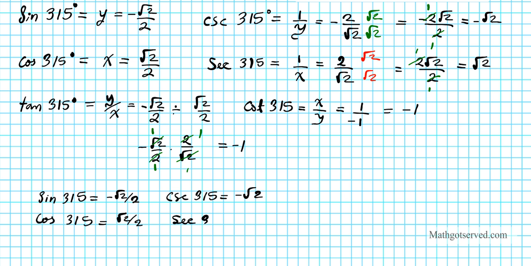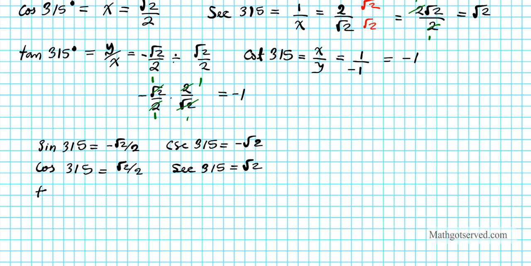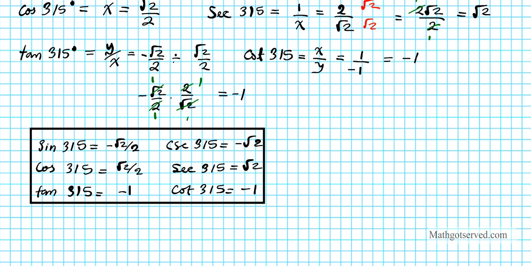Secant 315 is root 2. Tan 315 is negative 1. And cotangent 315 is also negative 1. So that gives you your six trig ratios for theta equals 315 degrees. So there we have it.